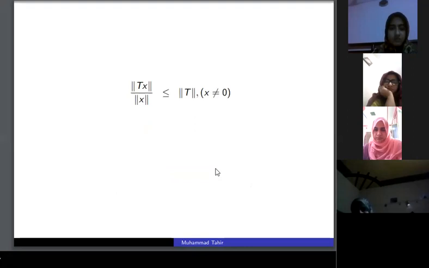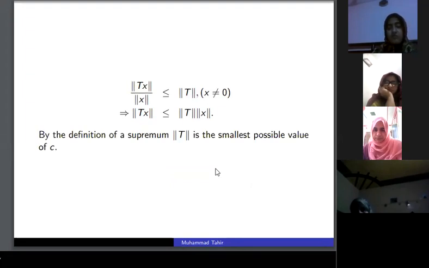So norm Tx over norm x is less than or equal to norm T because norm T is its supremum, and hence norm Tx is less than or equal to norm T times norm x. We can see that this norm T is in place of C. And by the definition of supremum, norm T is the smallest possible value of C. So if T is a bounded linear operator, then we can write norm Tx is less than or equal to norm T times norm x.